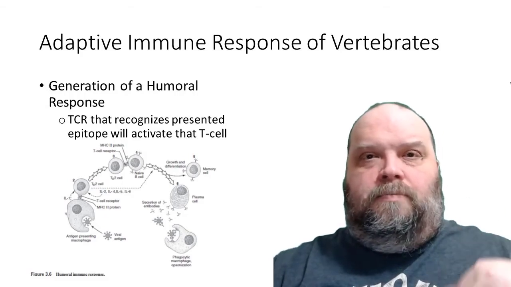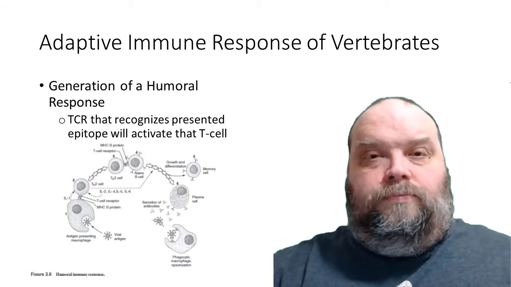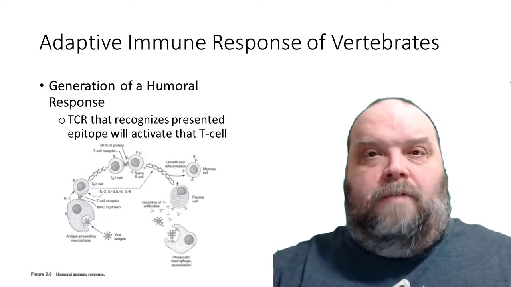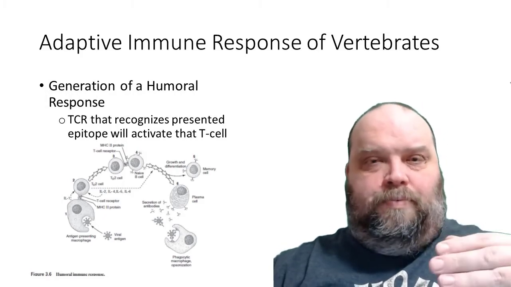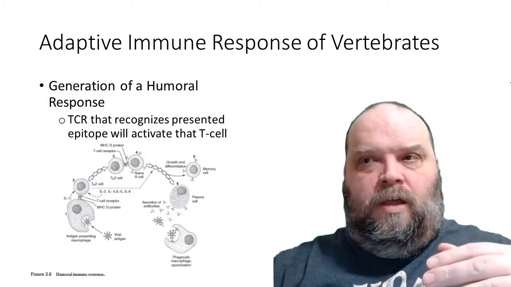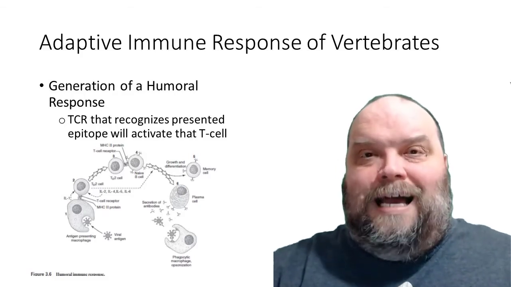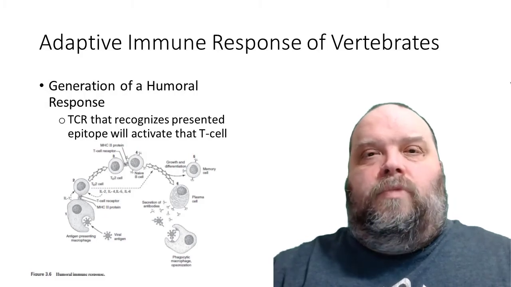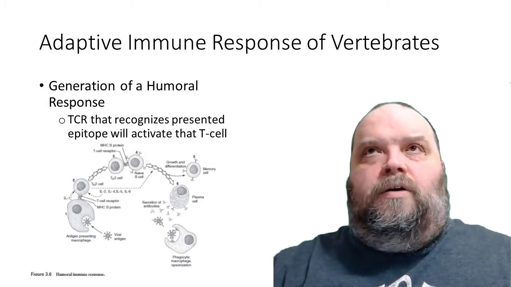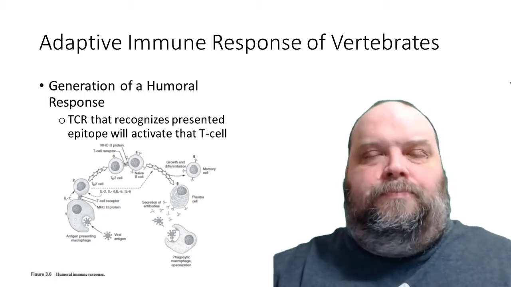When the T cells leave the bone marrow, they've now hit that step where they've been released into the bloodstream. They're still naive. They haven't learned yet. No two T cells are exactly the same.